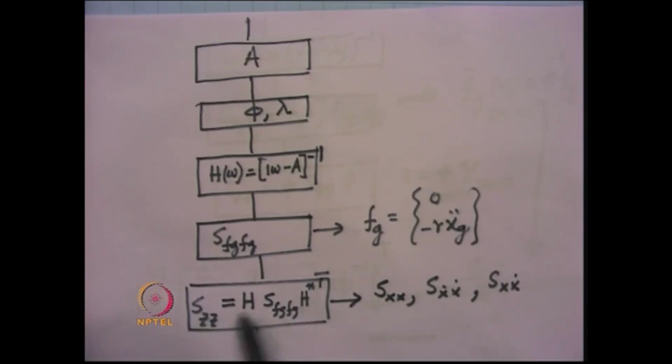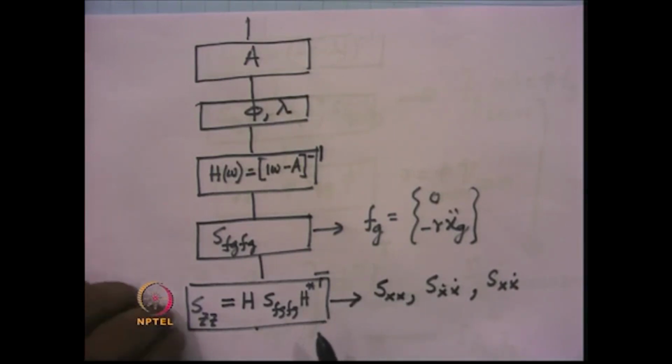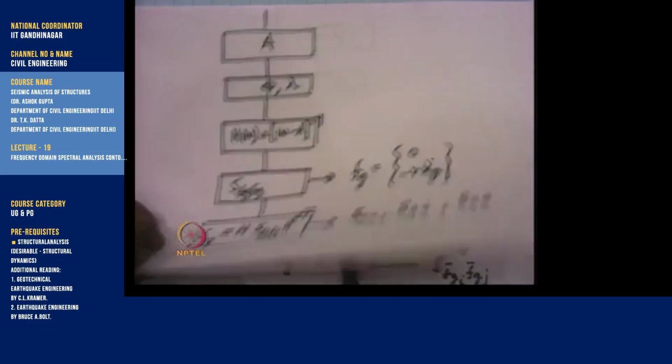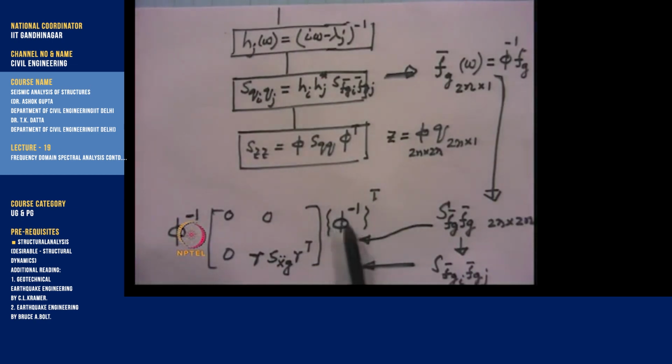Note that the SZZ matrix contains SXX, SX dot X dot and the cross spectral density function between displacement and velocity. Depending upon whether you require the power spectral density function of displacement or velocity, we can choose the appropriate quantities from these matrices. So, that is the direct state space power spectral density function approach.